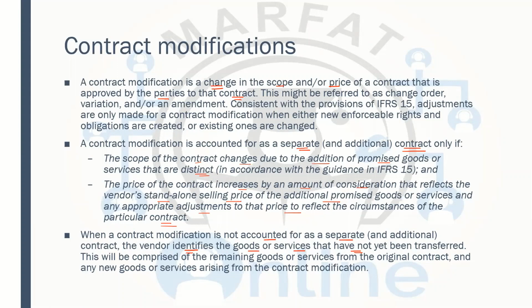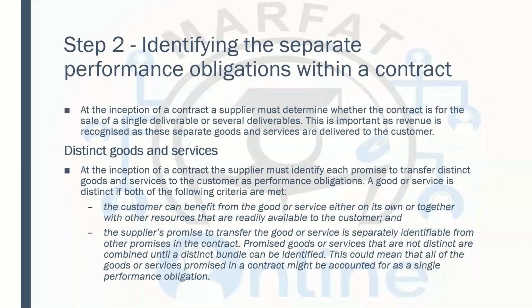So what you're going to do, you will be making the changes in the existing contract. You were supposed to provide them the 5 goods. Now you will be charging them for the 6 pieces. That's it. It is not going to be treated as a separate contract. But if you are dealing with goods that are completely distinct from each other and they have no relationship, the price is separate, the standalone price is different, then that is going to be treated as a separate contract.